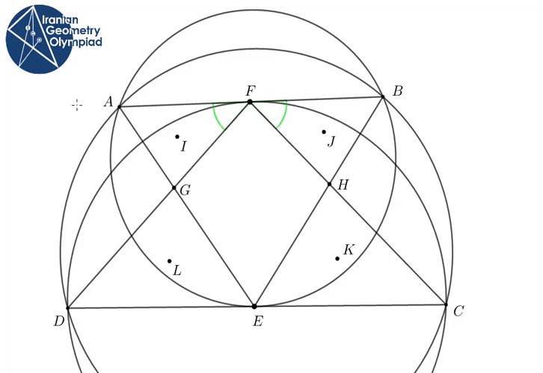And because AB is parallel to DC, this angle is equal to this angle, and also this angle is equal to this angle. Similarly, we can prove that these two angles are equal too. So these four triangles are similar.